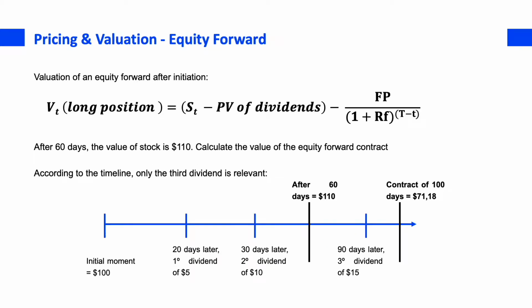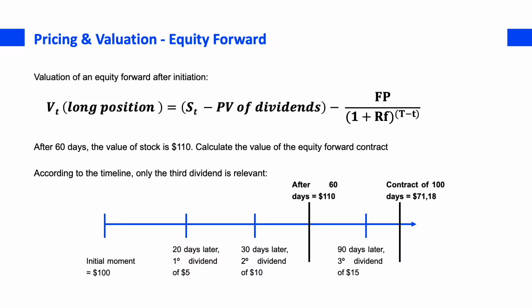So here after 60 days. Note that it was a 100-day contract. 60 days have passed, so there are 40 remaining. Secondly, you have to think about what's happening with the dividends. We had dividends due in the first 60 days and a dividend due in 90 days. The 20 days and 30 days dividends are gone.